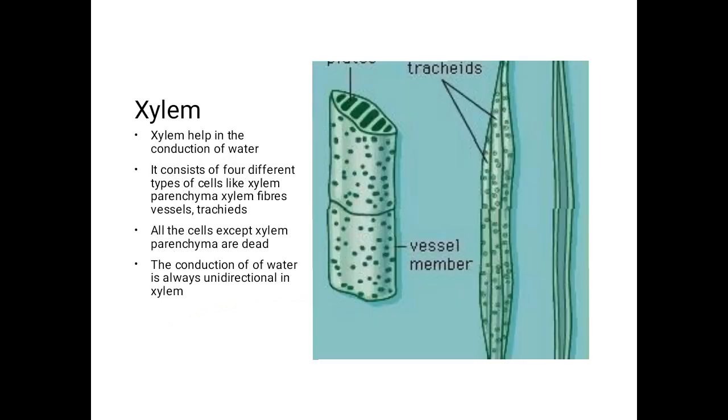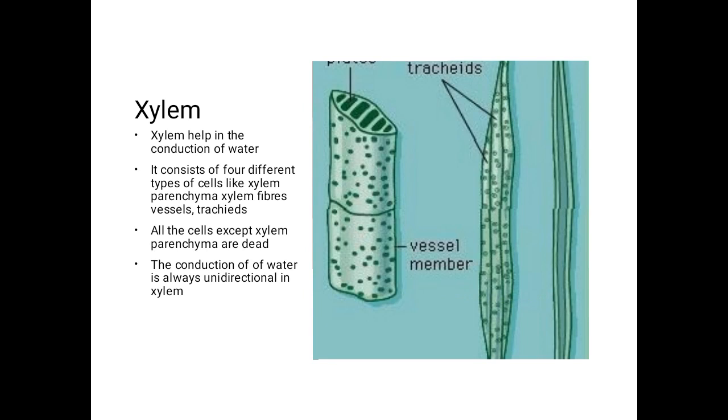Okay, and if you compare xylem and phloem, what are the different types of cells in xylem? Xylem parenchyma, xylem fibers, vessels and tracheids. Among all these, you can see that only one type of cells is living.